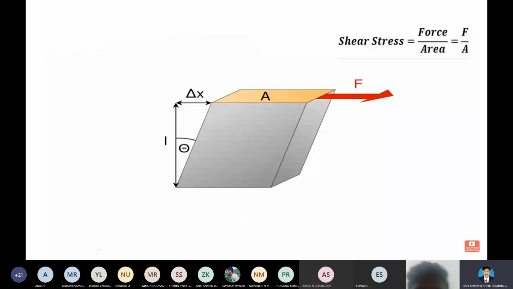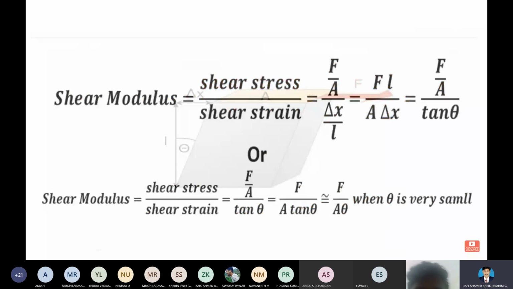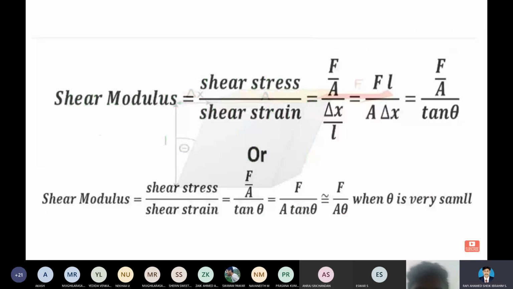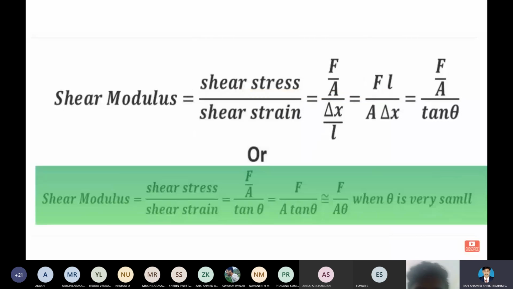Now the shear modulus will be equal to shear stress divided by shear strain, where the shear stress we know is equal to force per unit area and shear strain is equal to del X divided by L. Or in terms of theta, the shear modulus will be equal to F by A divided by tangent theta.